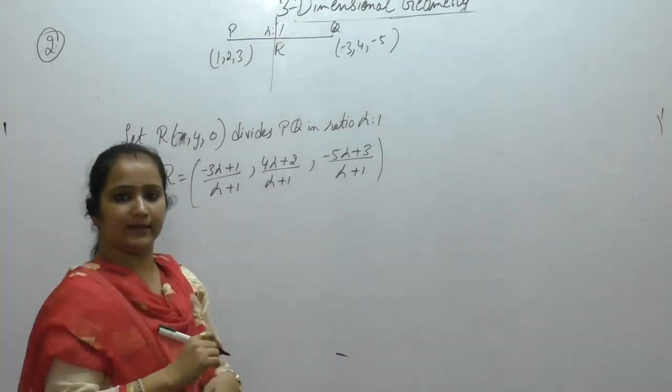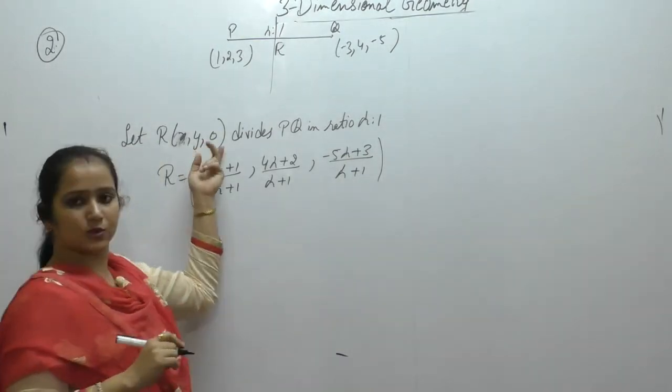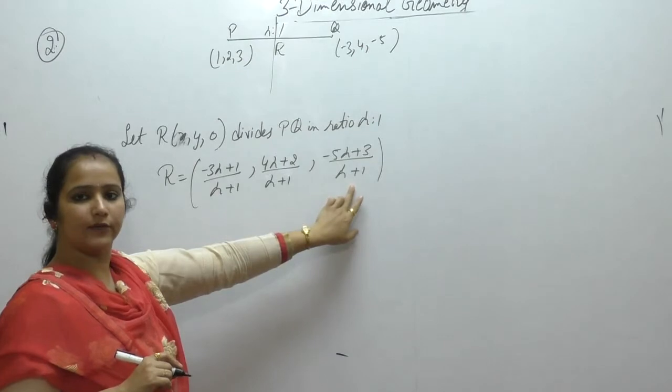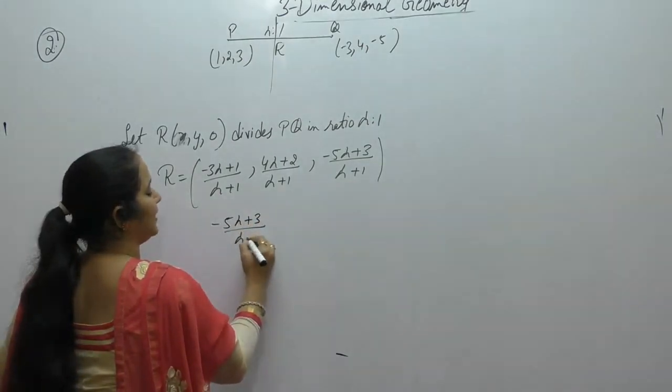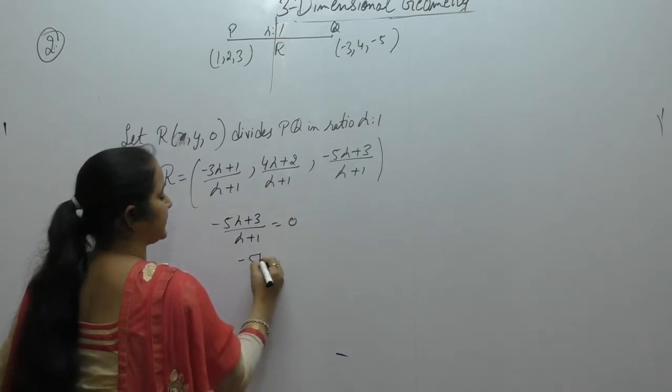Coordinates of R will be this. Now since it is in the xy plane, therefore its z coordinate will be 0. So (minus 5 lambda plus 3) upon (lambda plus 1) is 0.